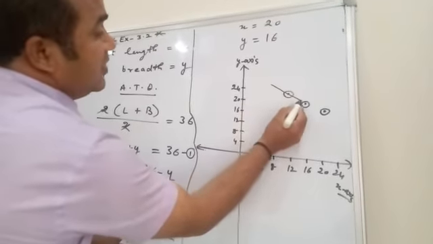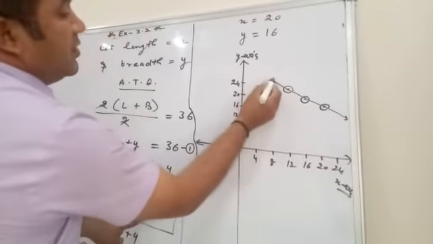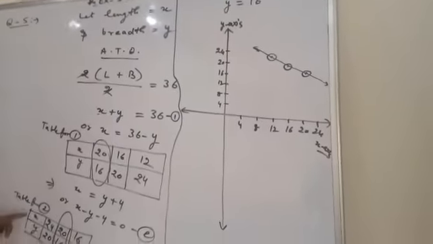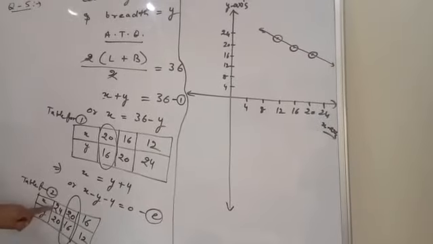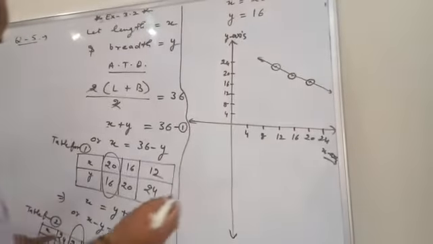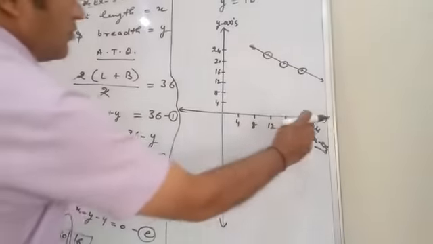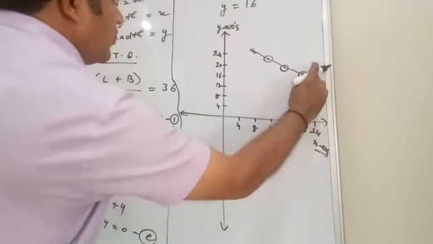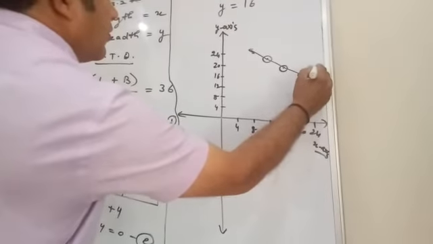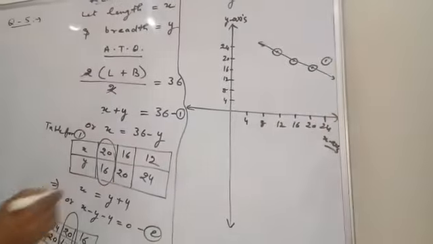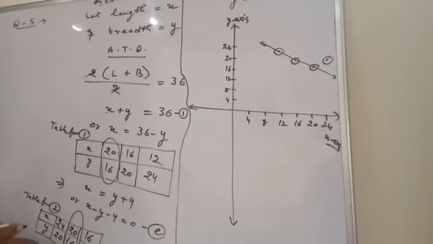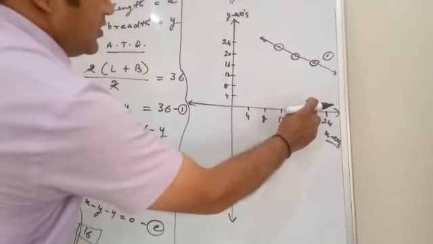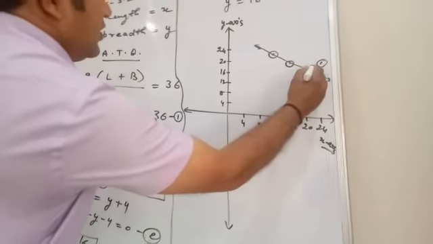If you join these points by a scale, you will get the line of the first equation. Then for the second, x 24, y 20, and on the graph you will mark x 20, y 16. This one is the common point, x 20, y 16.